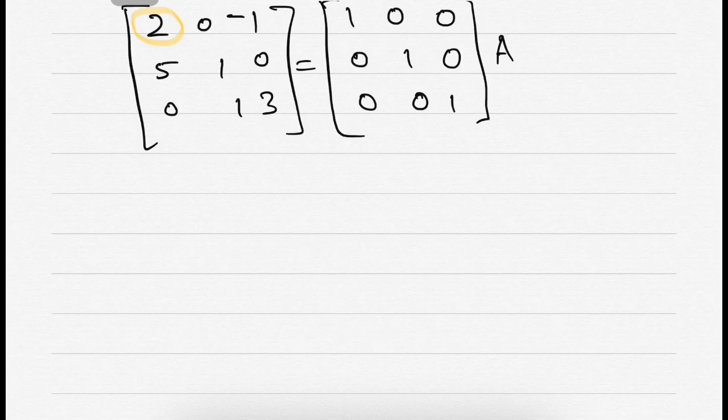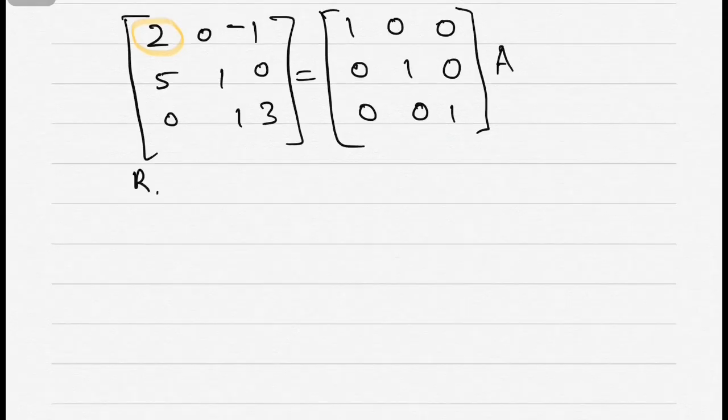So our first task will be to make it 1 and then make all the elements below this 0 using the row operation only. So R1 will change to R1 by 2 on both sides.